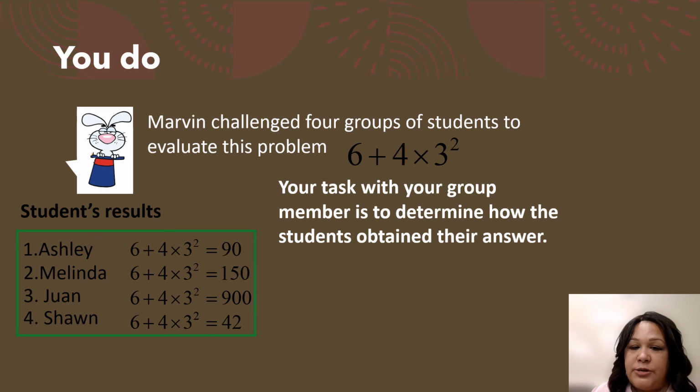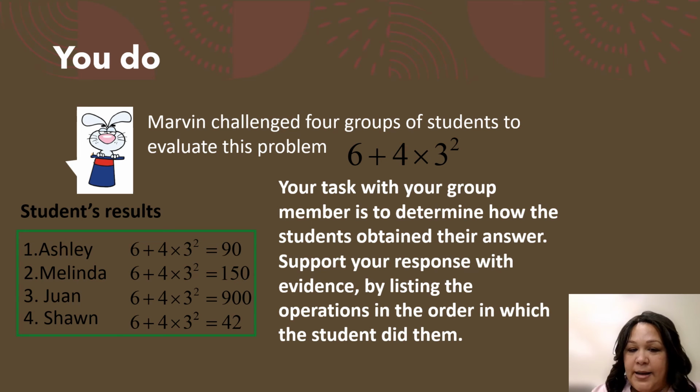Your task with your group is to determine how the students came up with the answer that they have, and support your response with evidence by listing the operations in the order in which the students did them. Okay, so I'm going to give you a moment. Go ahead and write that down. We have 6 plus 4 times 3 squared.